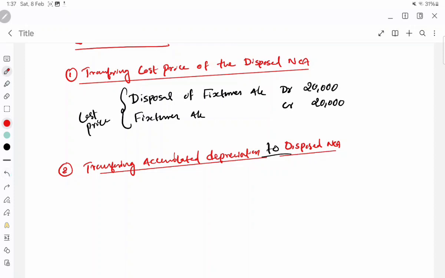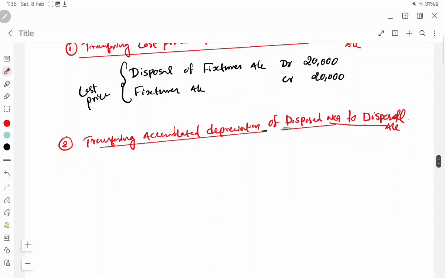Here we are also transferring the cost price of the disposed non-current asset to the disposal account.